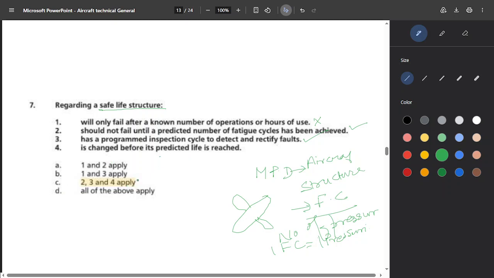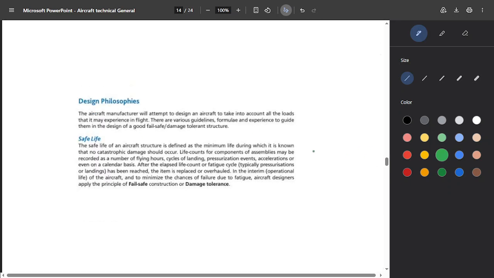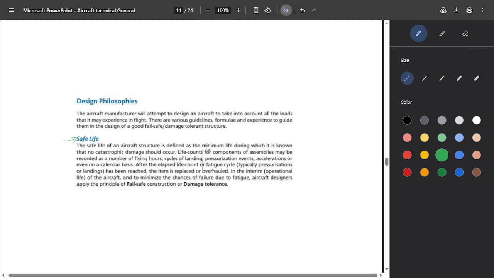So we see the answer is C. We never let the safe life structure limitations be reached at any time. These are design philosophies. See, what does a safe life philosophy tell? A safe life of an aircraft structure is defined as the minimum life during which it is known that no catastrophic damage should occur.